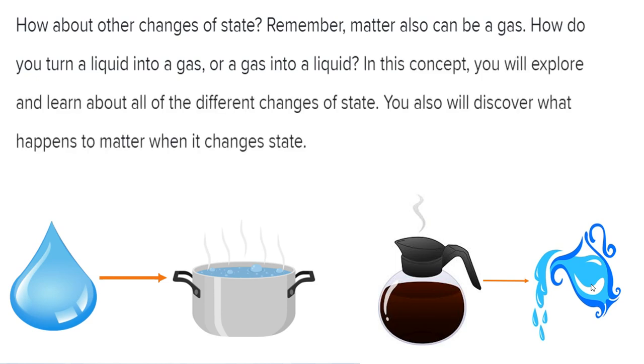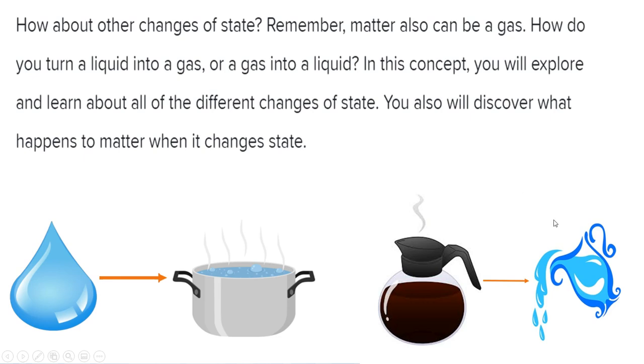In this concept, you will explore and learn about all the different changes of state. You also will discover what happens to matter when it changes states. So these are state changing. When I talk about phase changing or changes of state, I'm talking about it goes from one state to another state.